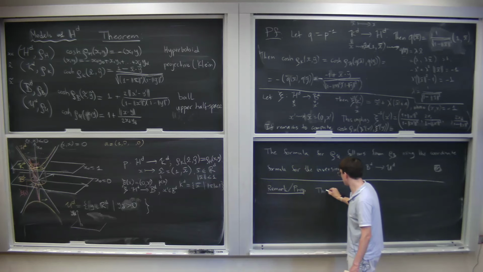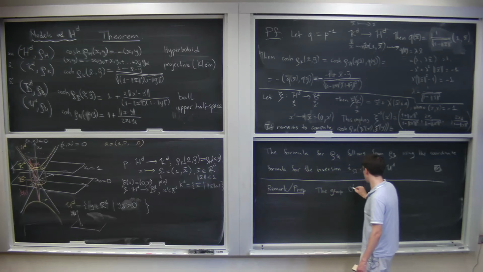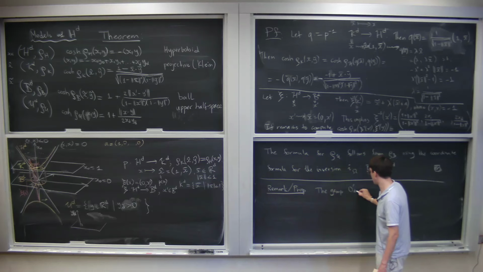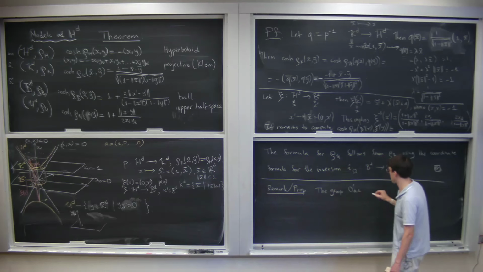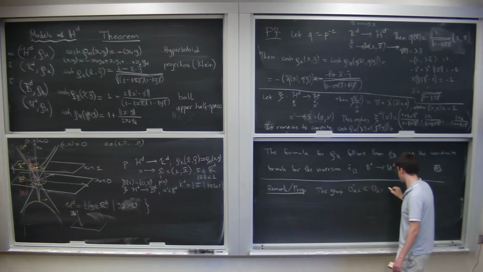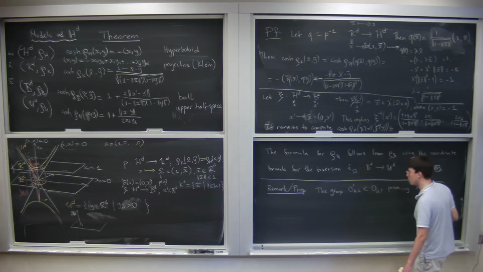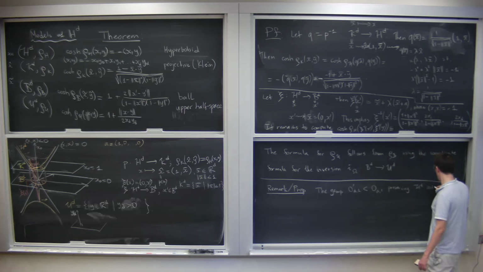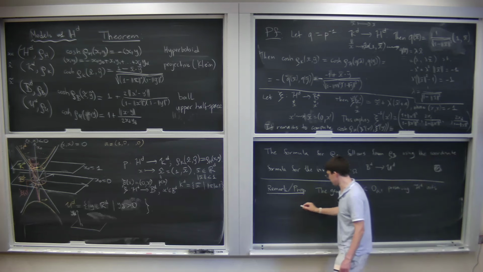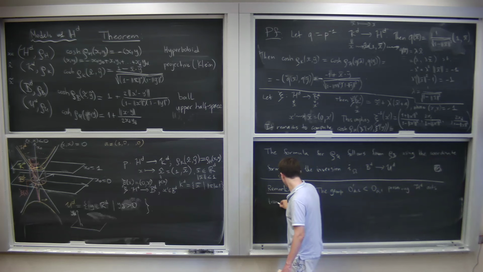The group which I will denote as O prime D1, which is the subgroup of OD1 preserving HD, acts transitively on HD.